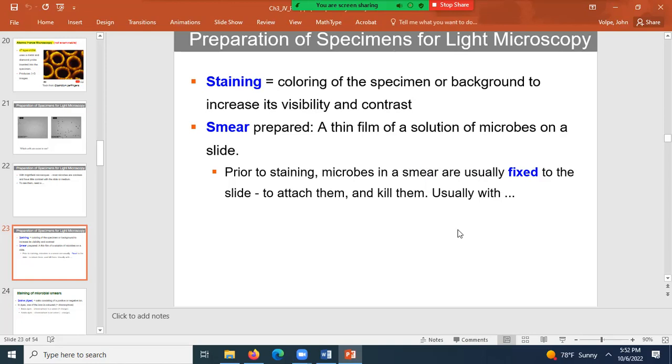A cell that has an endospore, the endospores would not be killed by this air drying and heat fixing at all. Mycobacteria also would not be killed. And then some gram-positive cells would not be killed by this treatment either. At least not all of them.